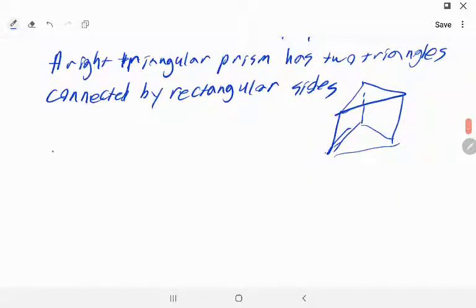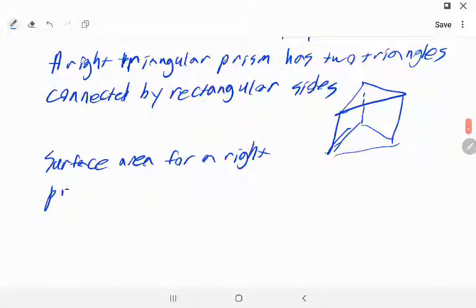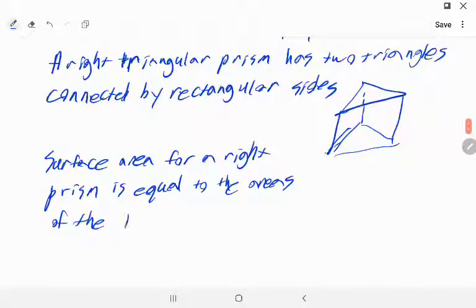And so the surface area for a right prism is equal to the areas of the top and bottom plus the area of the sides.